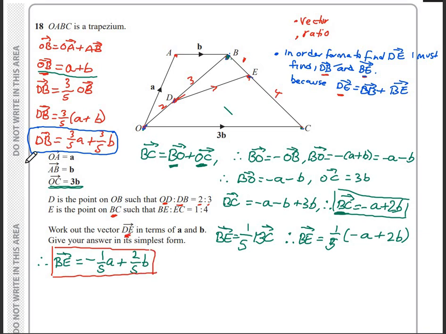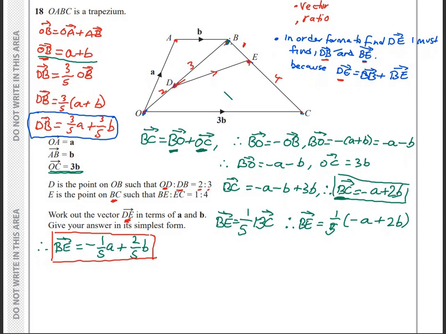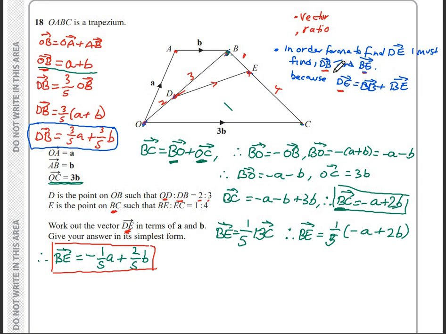So now I found DB and I found BE. Remember, I wanted to find what DE is. In order to find DE, I have to go from D to B and then from B to E. Remember, this is the initial formula that we wanted. So I found DB, that's there, and I found BE. So now I just add them together.